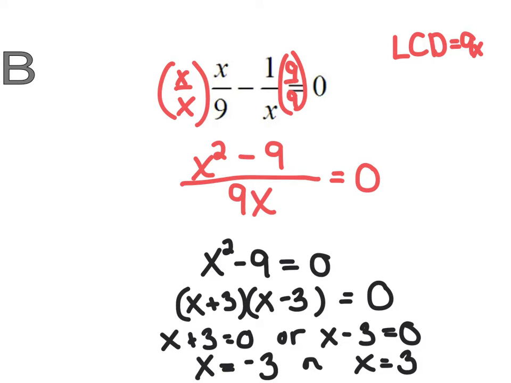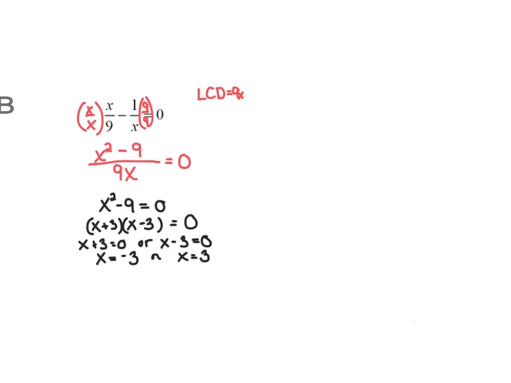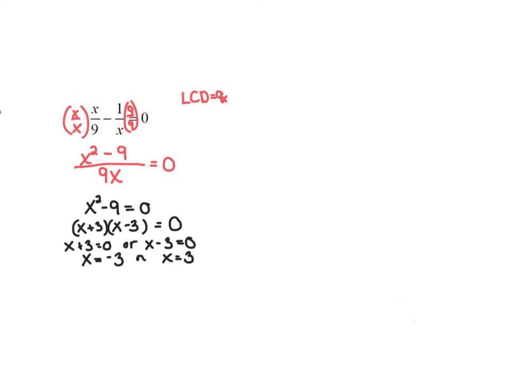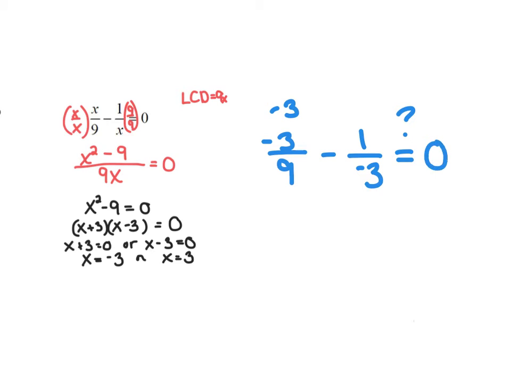Before I am convinced that I'm finished, I need to check my solutions. I'm going to shrink this and give myself a little more space, and I'm going to check negative 3 first. So I will do negative 3 over 9 minus 1 over negative 3, and I'm checking, does that equal 0? And this would reduce to negative 1/3 plus positive 1/3.